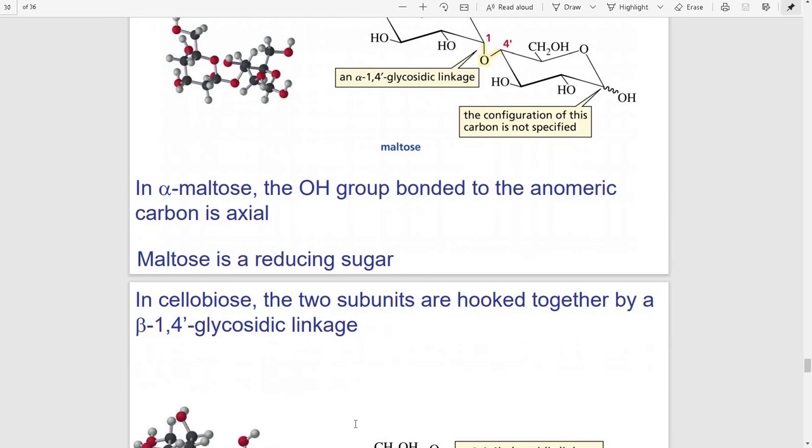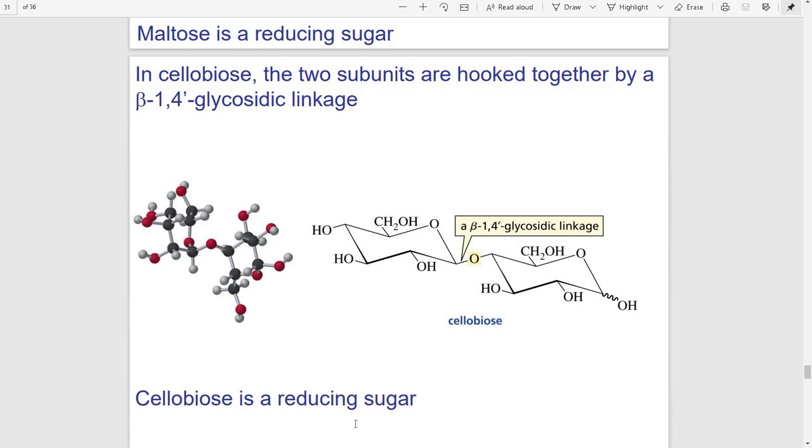Okay, now see the second example. In cellobiose, the two subunits are hooked together by a beta 1,4-glycoside linkage.